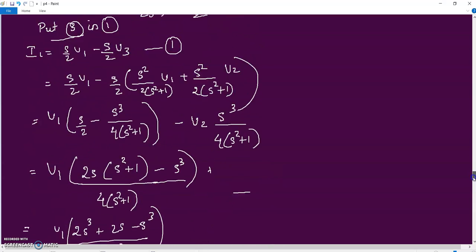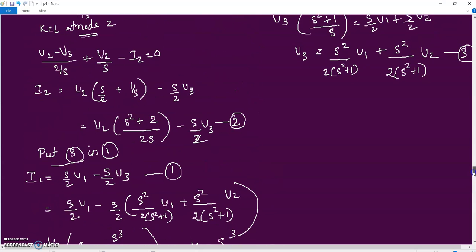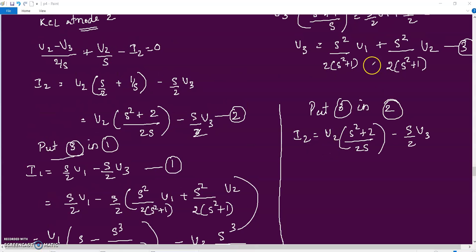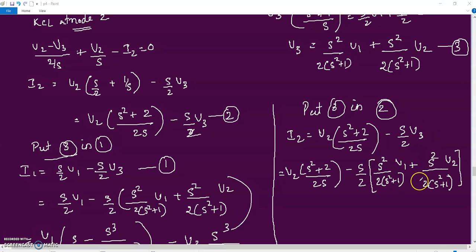Now we have to find the next equation, that is, put V3 in equation number 2. This is equation 2, put V3 here. So now we can solve this. First we write the V1 term, which is S cube by 4 into (S square plus 1), and we have a minus sign here for V1.